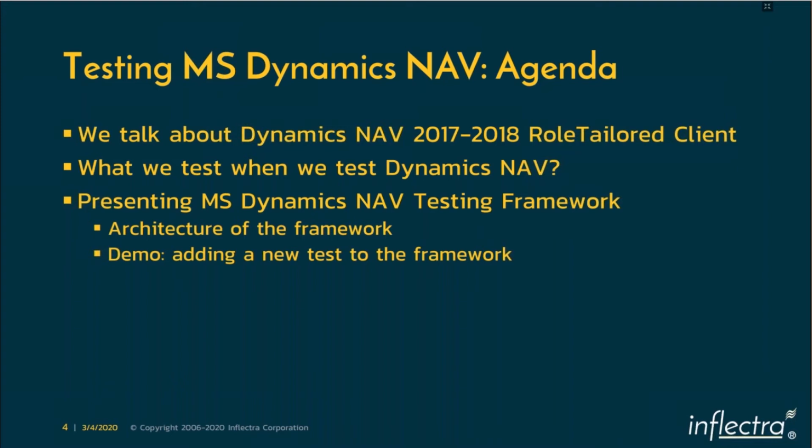First thing is we'll be talking about testing the Dynamics Nav 2017 and 2018 role-tailored client. These are the versions of Dynamics for which we created and tested the framework that you will be able to download from GitHub and use in your project.